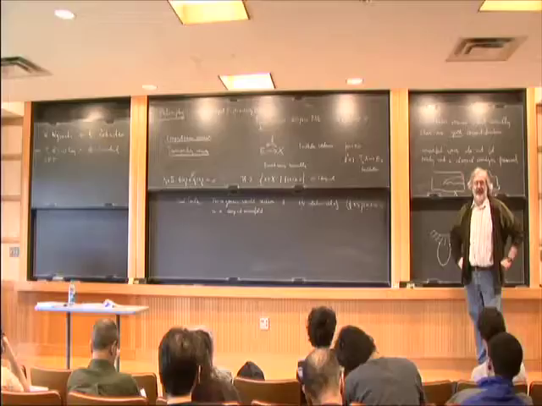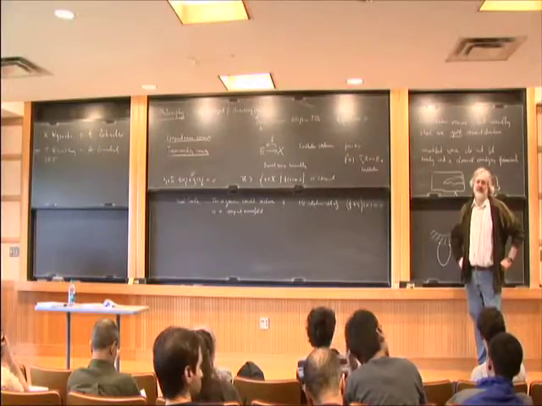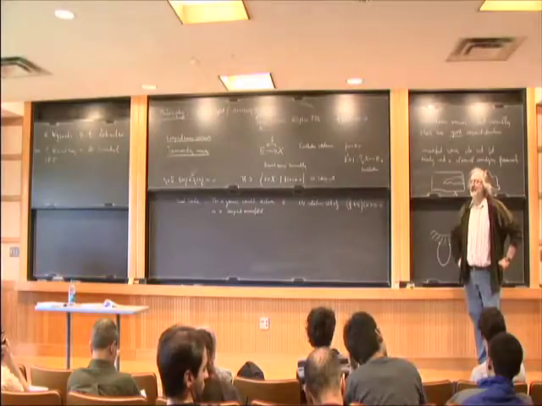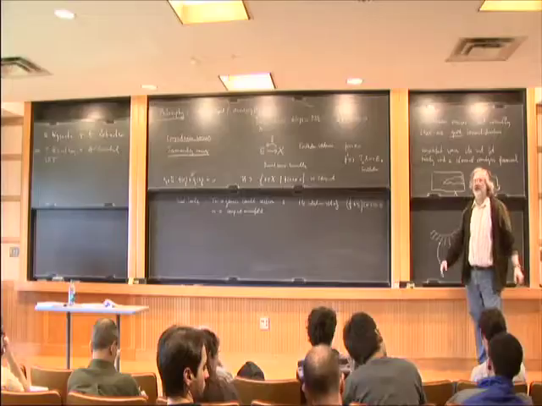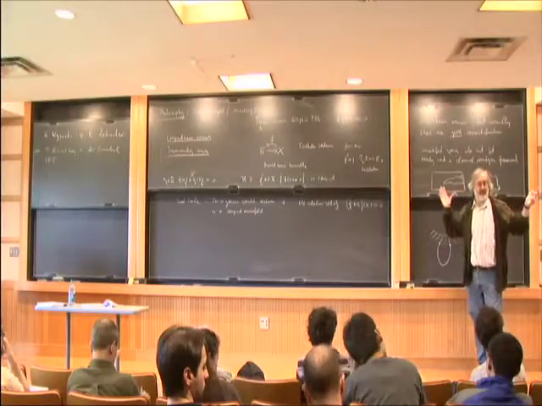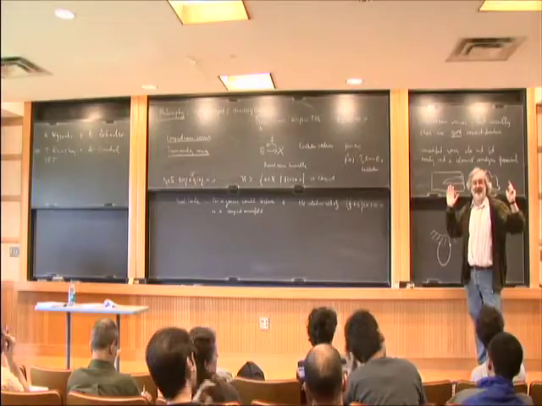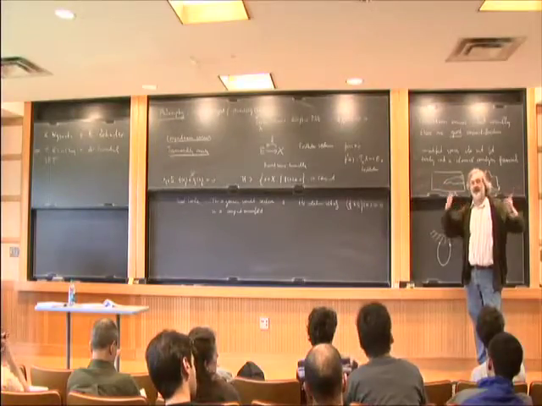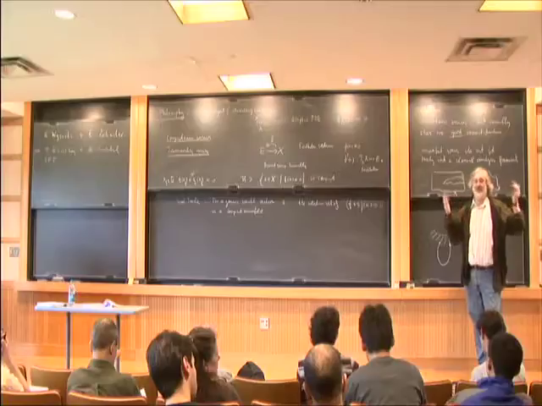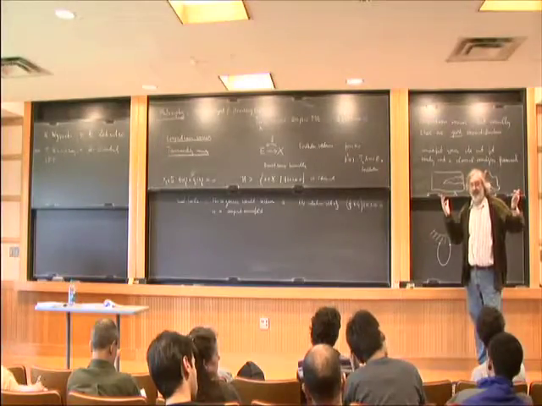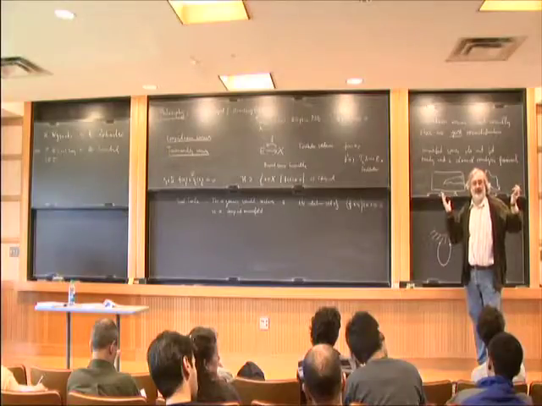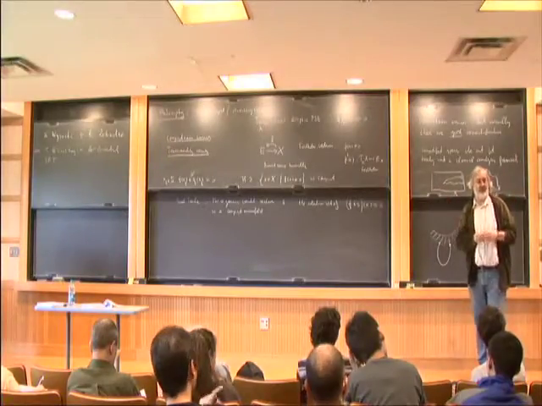I need a certain amount of smoothness, and the benefit is that I can say things are generic after just taking a generic perturbation. I don't have to worry about what I'm doing. If I'm in the C0 category, then maybe you could make the solution set C0 manifolds, and they would have a fundamental class and so on. But presumably you have to work hard, and the goal here is not to work hard.